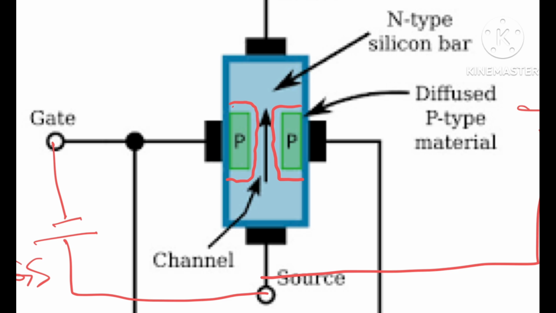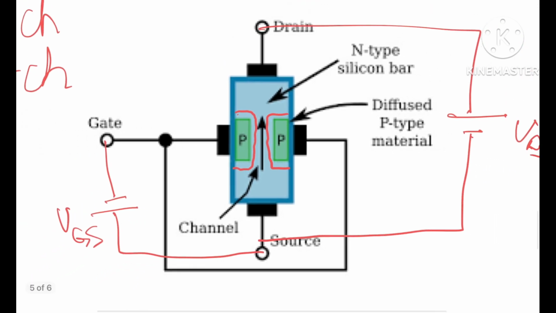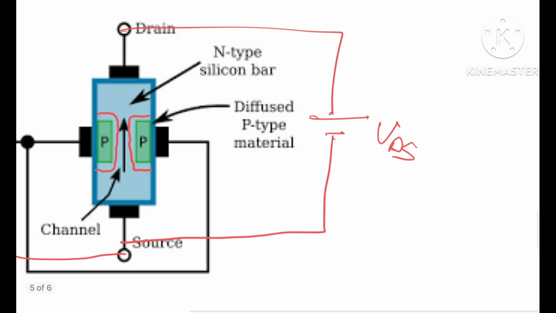So if we apply a VDS between the drain and source, the electrons are going to flow here.